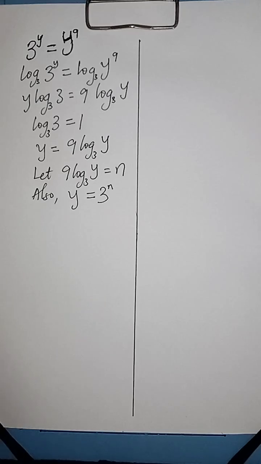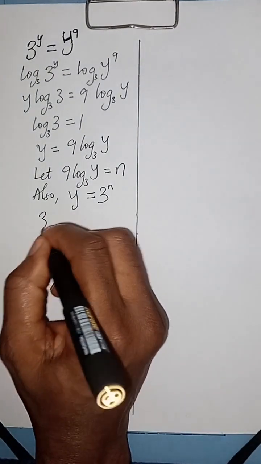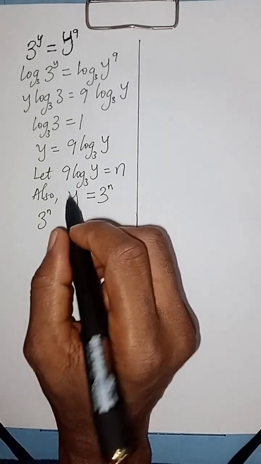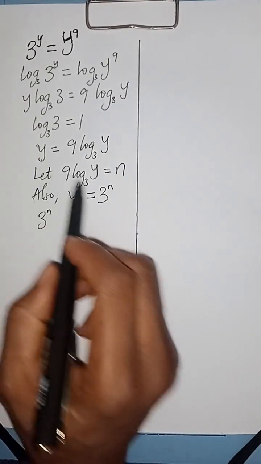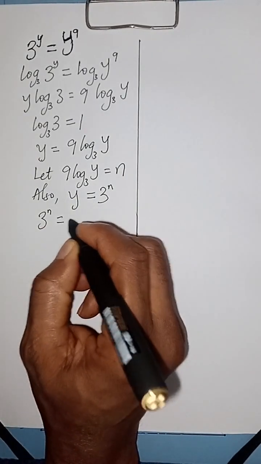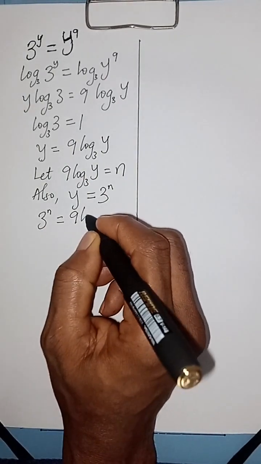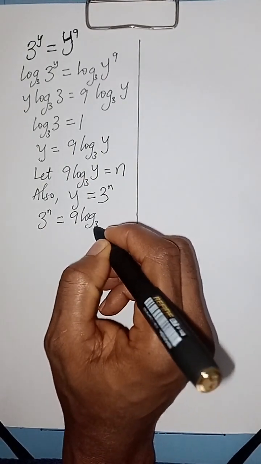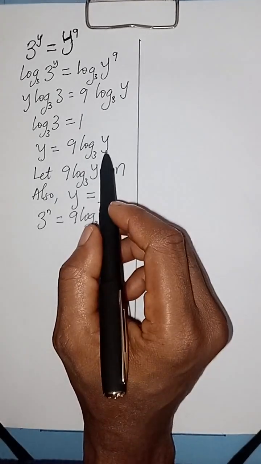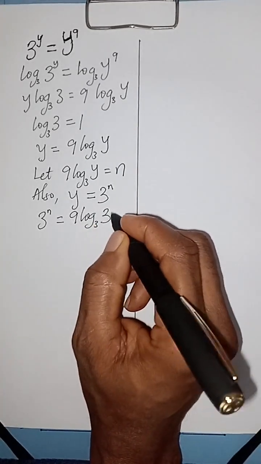Now, if this is possible, I'm going to have 3 raised to power n in place of this y equal to 9 log n base 3 in place of the y, 3 raised to power n.